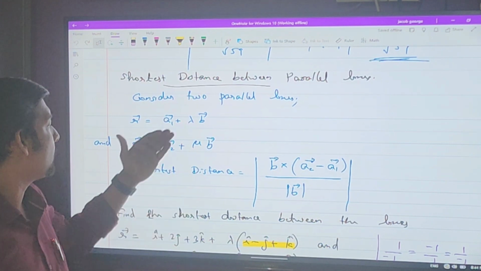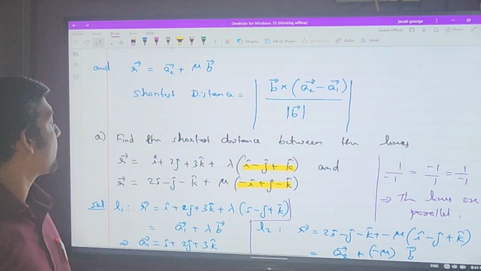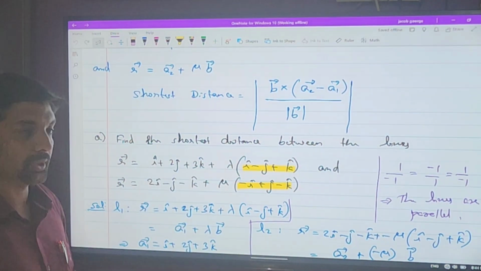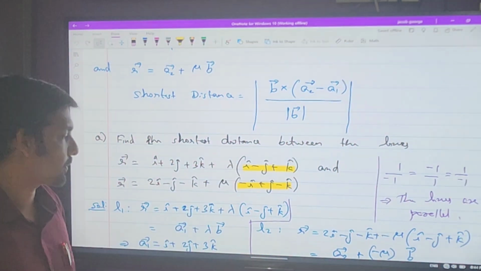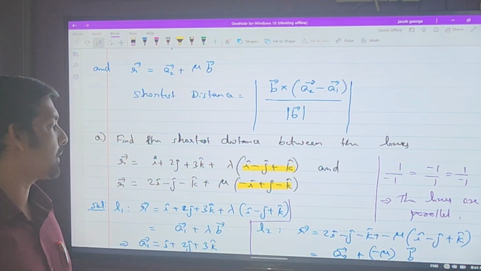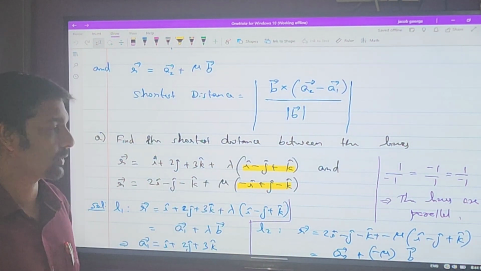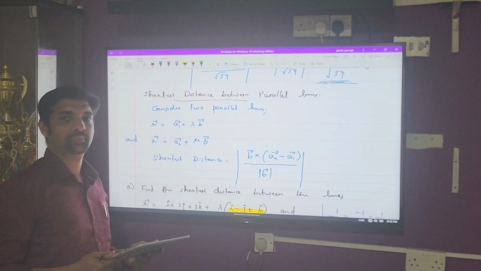And here we have to check first of all for parallel lines. For example, a question like this: i cap plus 2 j cap plus 3 k cap plus lambda into i cap minus j cap plus k cap, and 2 i cap minus j cap minus k cap plus mu into minus i cap plus j cap minus k cap. So look at the highlighted parallel vectors.